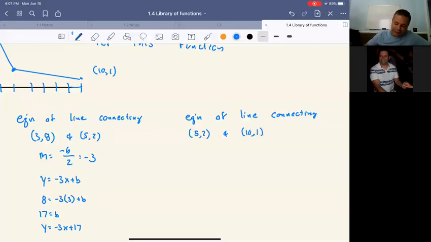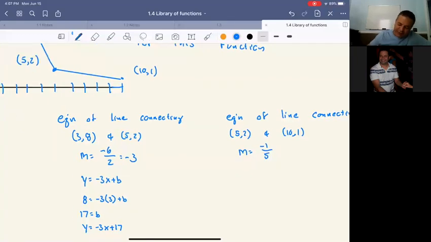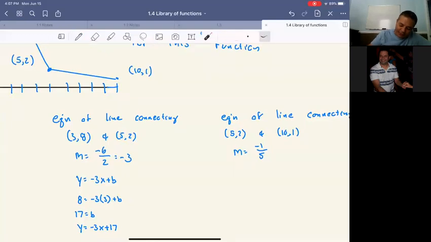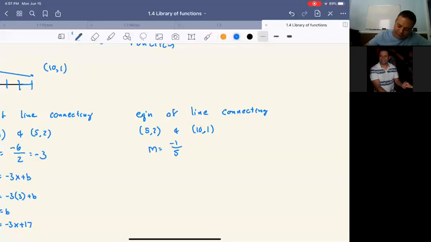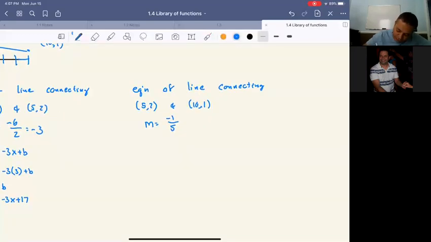Okay? Now let's find the equation of the line connecting 5, 2, and 10, 1. So doing the exact same thing. My slope is going to be from 1 to 2 is negative 1, from 10 to 5 is 5. Again, as you move from left to right, it's decreasing. So a negative slope makes sense. y equals negative 1/5 x plus b.